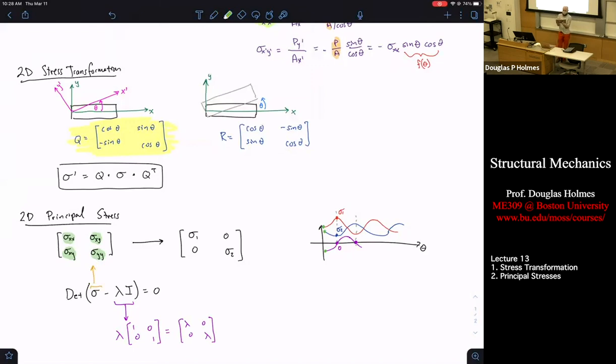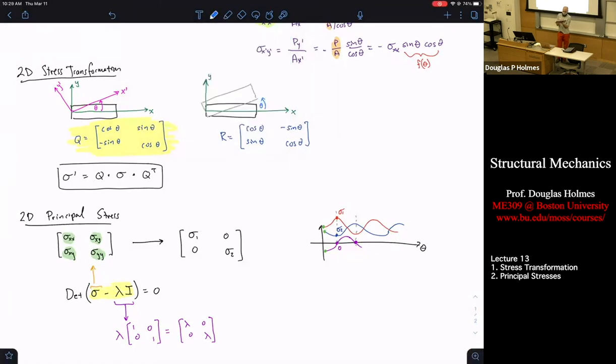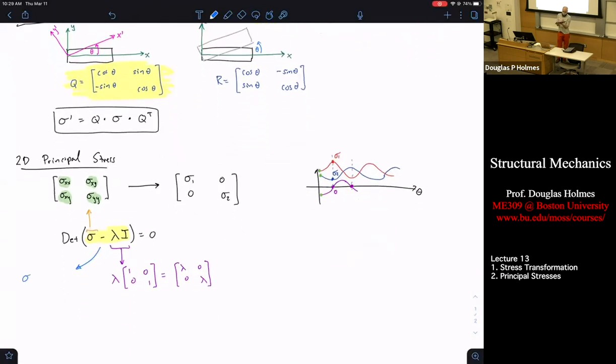And so this quantity yellow over here becomes sigma xx minus lambda, sigma xy, sigma xy, sigma yy minus lambda. And now we need to take the determinant of that.